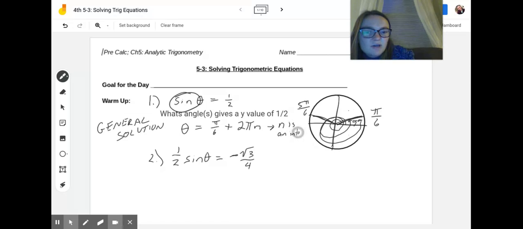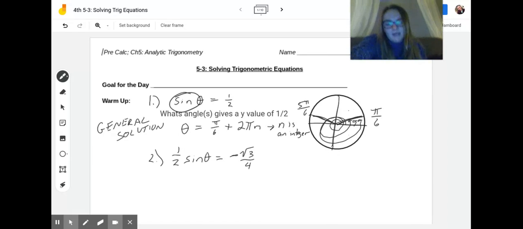It's any integer. So an integer is just like a whole number. It could be negative, it could be positive. And so my solution is going to be any iteration of pi over 6 plus 2 pi. I could add 4 pi, I could add 10 pi, I could subtract 24 pi. All of the solutions are represented there. In fact, if you were to graph this on Desmos, you would see that there are infinitely many solutions to this. All right, next question.